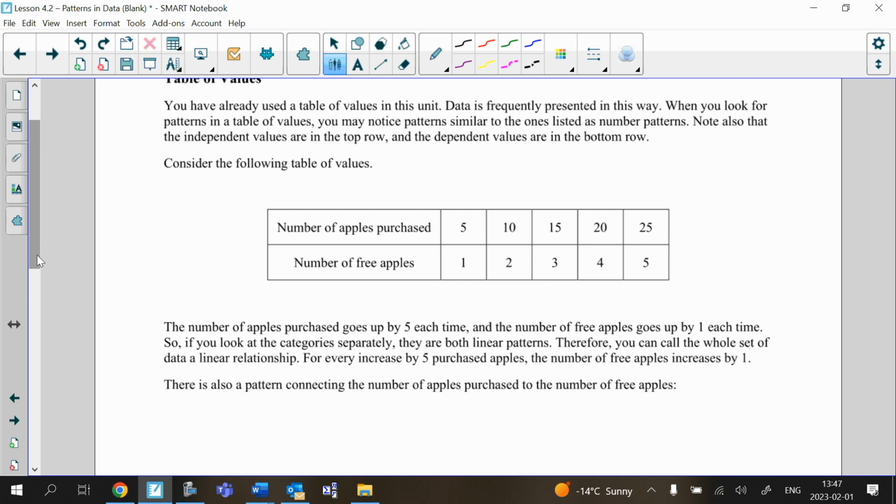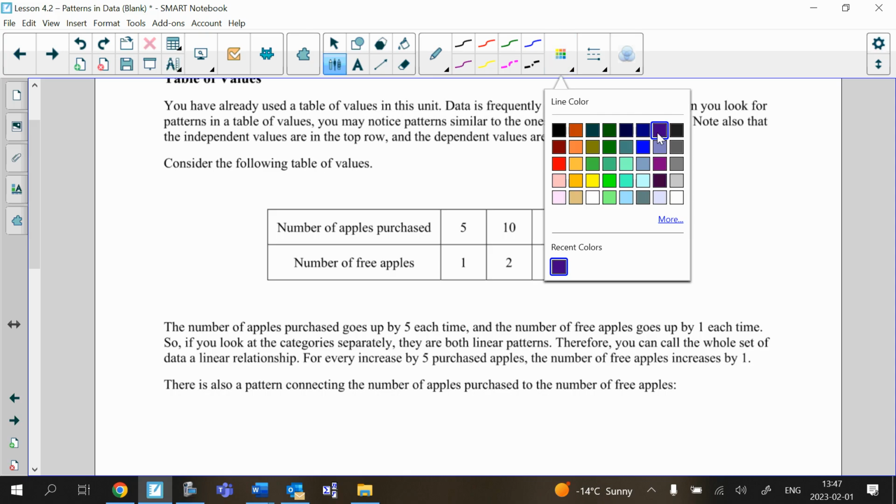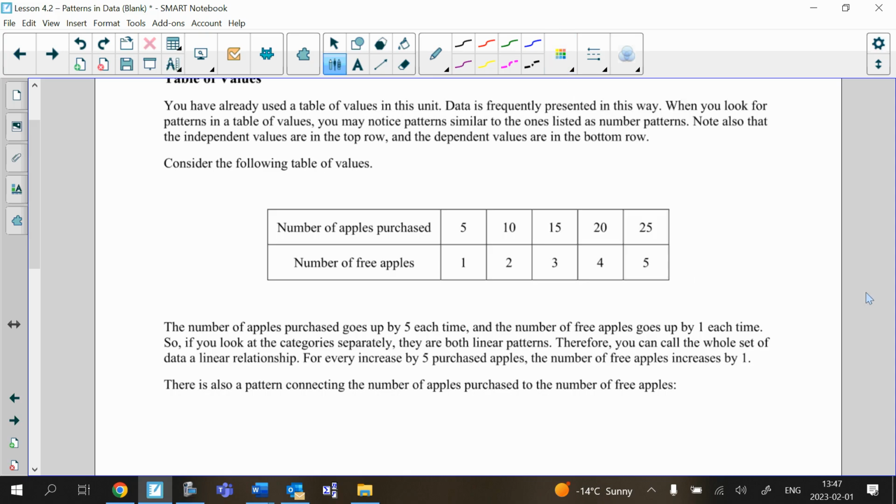Well, let's look at what's happening in each row. How much am I going up by in the top column? By 5. So it's 5, 5, 5, 5. How much am I going up by in the bottom column, the free apples column? 1.